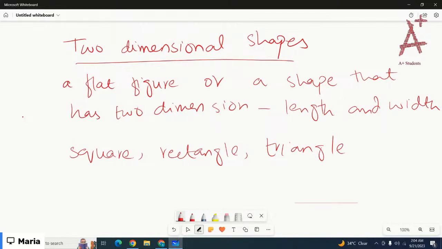If we talk about a triangle, this is the length, and this is the width. So two-dimensional shapes are the ones that have two dimensions: the length and the width. The examples are square, rectangle, and triangles. They do not have any thickness. That is the only difference.